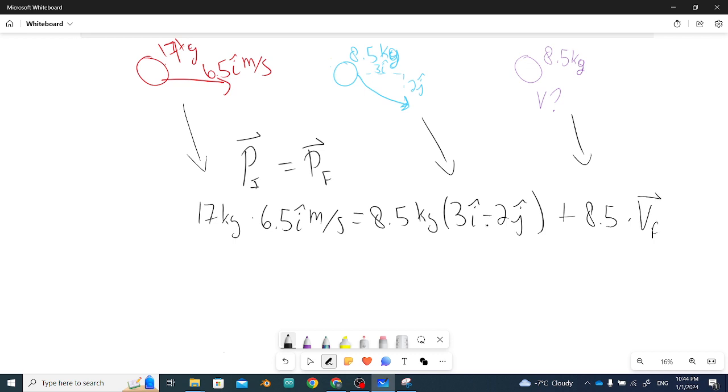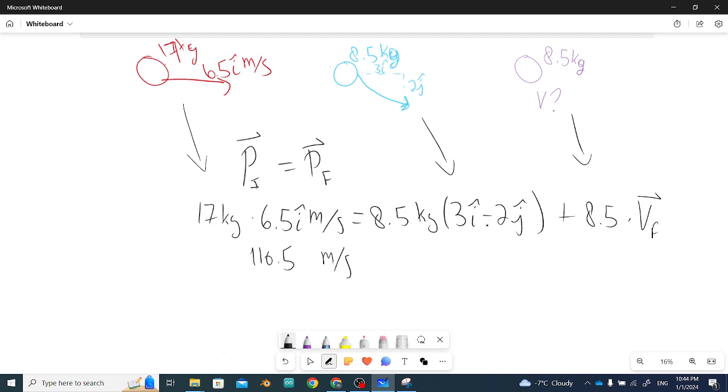So let's simplify everything. 17 times 6.5 is 110.5 i kilogram meters per second. I should have put the i before the units.